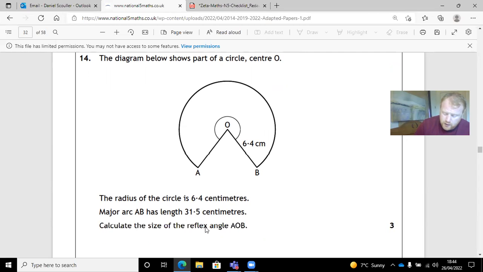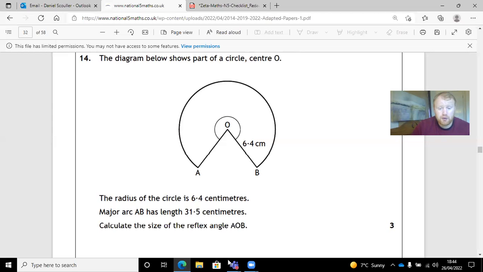It's going to be 12.8 centimeters. Okay, the length of the major arc, 31.5 centimeters. Write all this information down so it's clear in your head. Take the time to do it. Those extra few seconds just clarify things.